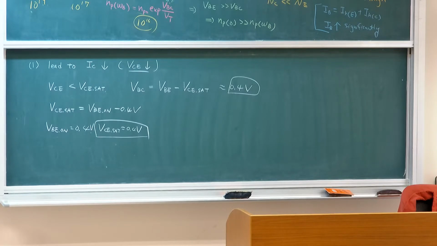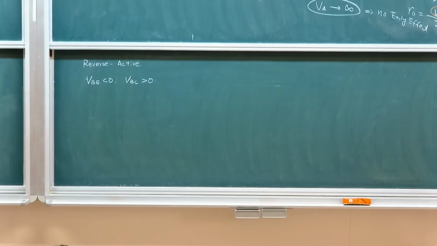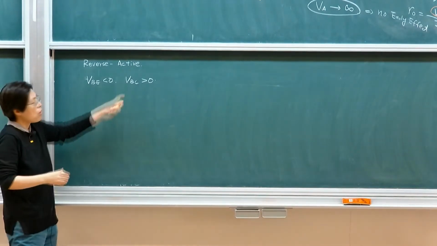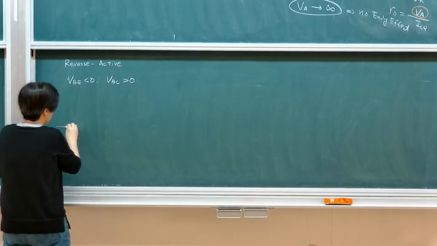So let's think about reverse active behavior. In reverse active mode, what it means is that I have VBE in reverse, VBC forward. I have one junction reverse and the other junction forward, the BC junction forward and the BE junction reverse.